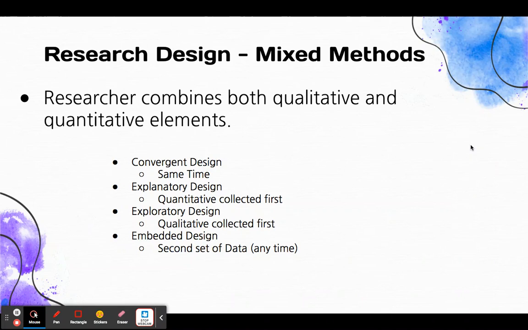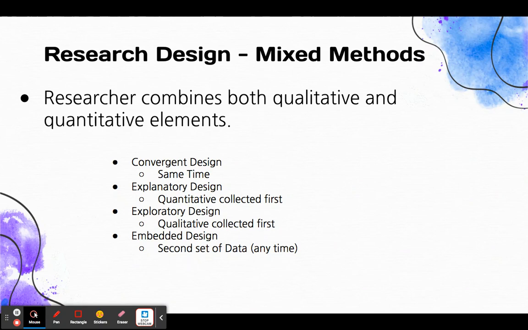Okay, research design as a mixed method. Mixed method research design is when the researcher is combining both quantitative and qualitative research elements to answer their research question. Within that design, I'm sorry, there's actually sub-designs. There's convergent design, which is when the researcher is collecting both the qualitative and quantitative research at the same time.